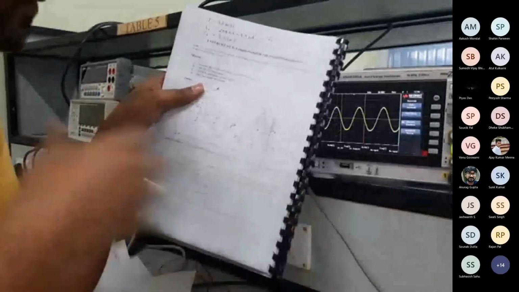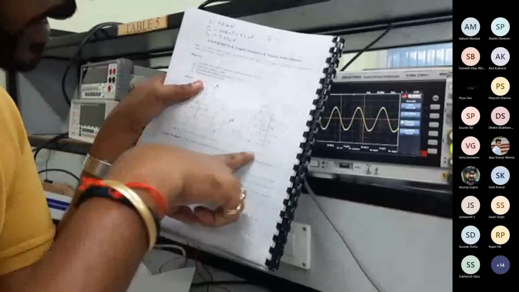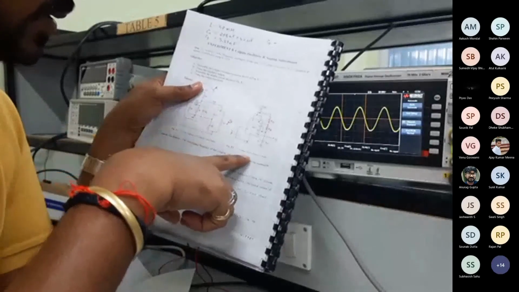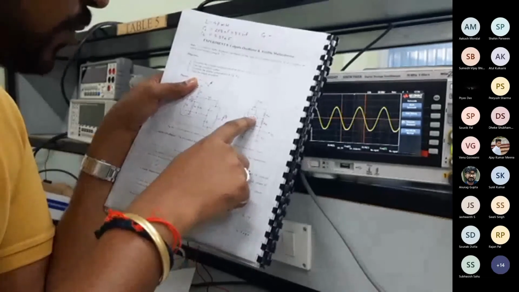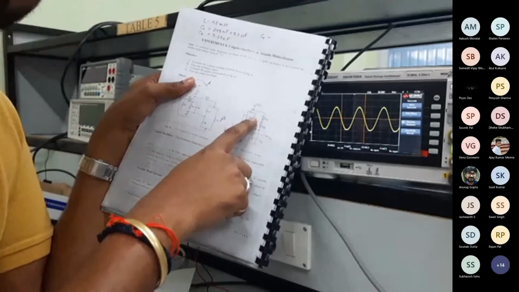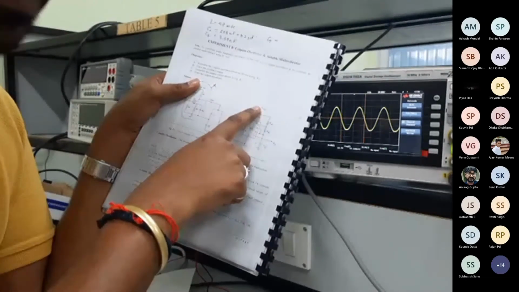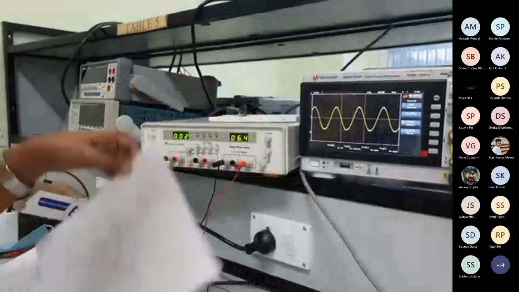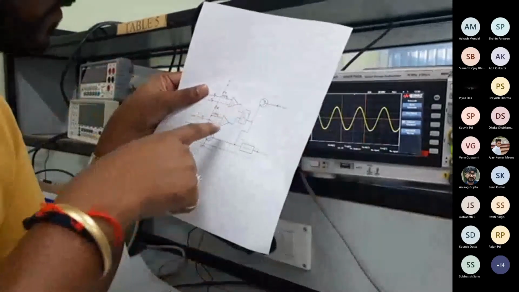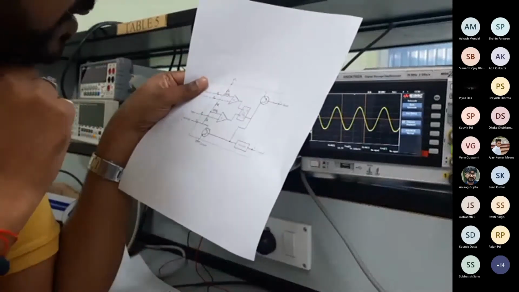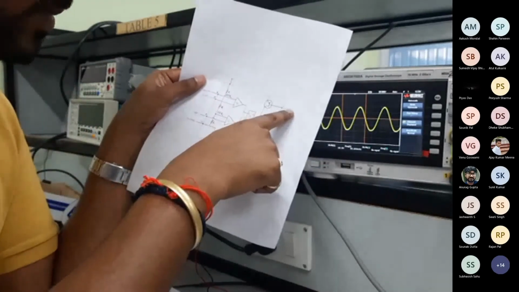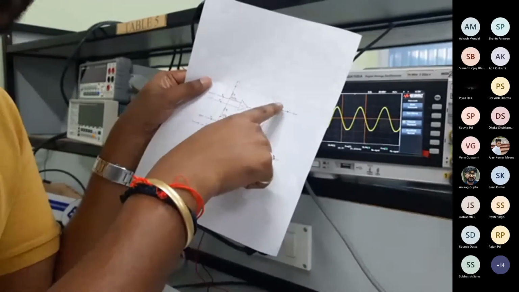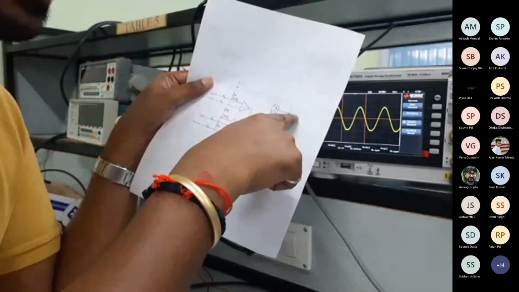Now if you see the manual, this circuit diagram is for the astable multivibrator, right? Pin number 4 and 8 are shorted and VCC is provided here. Why is 4 shorted? Pin number 4 is the reset, which is inverted.